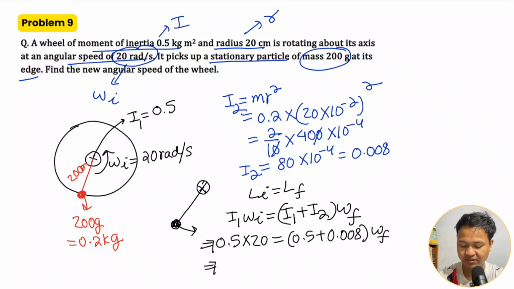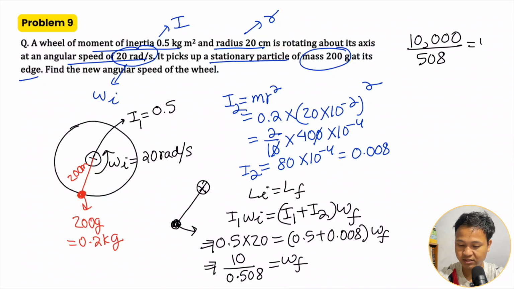So 0.5 into 20 is 10, divided by 0.508. This is omega final. If you solve, you'll get 19 point something. So 19.7 I think, radian per second.